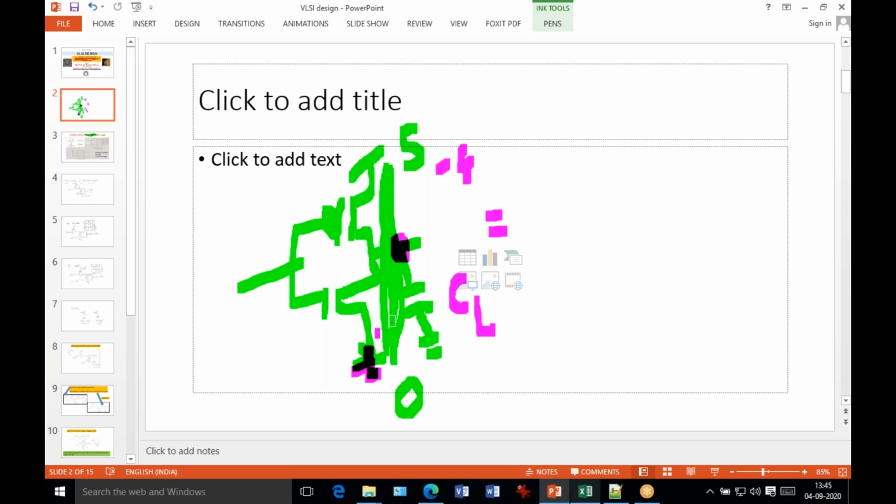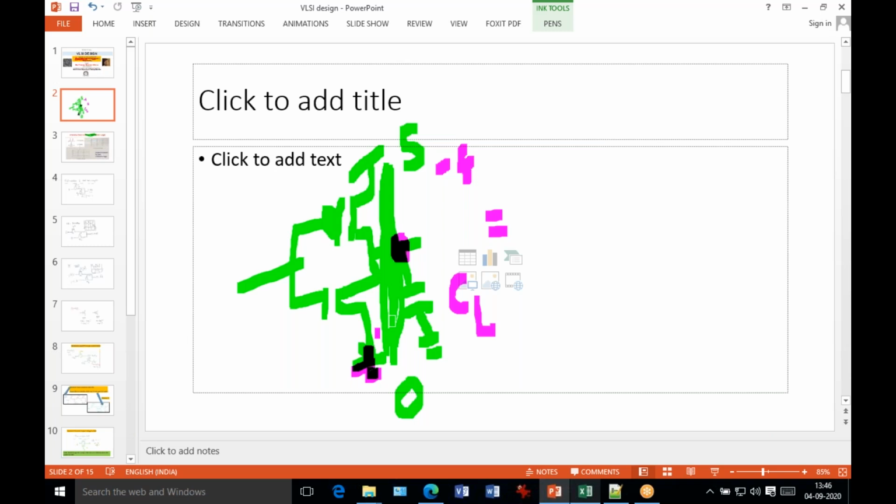That is the very beautiful feature of the CMOS inverter circuit. That's why this is a low power circuit, and most designers are using CMOS technology, because in CMOS the static power dissipation is very less.